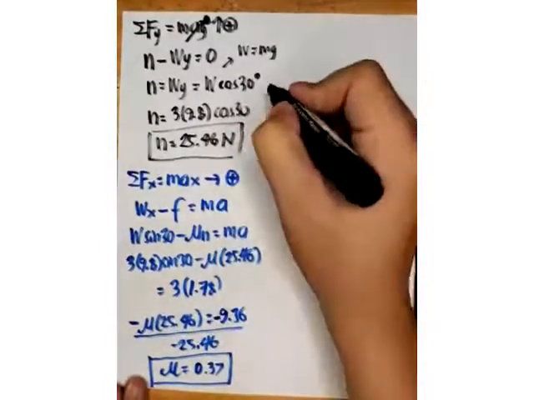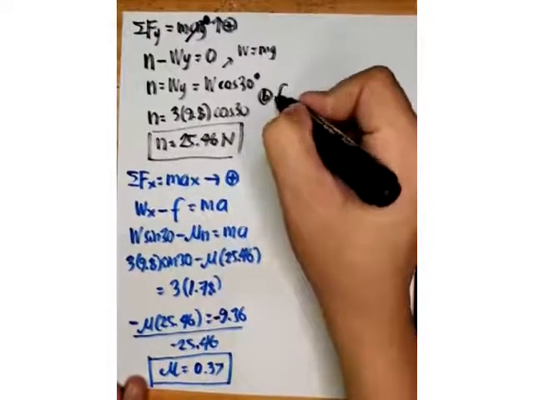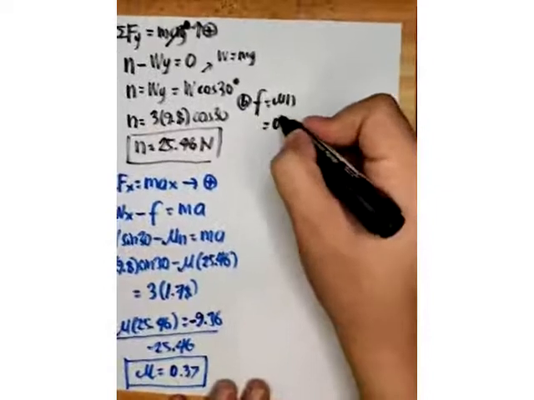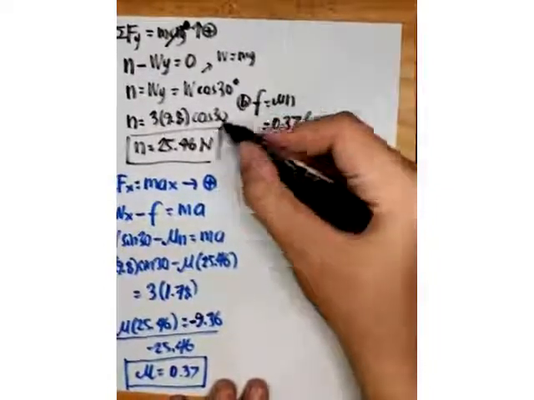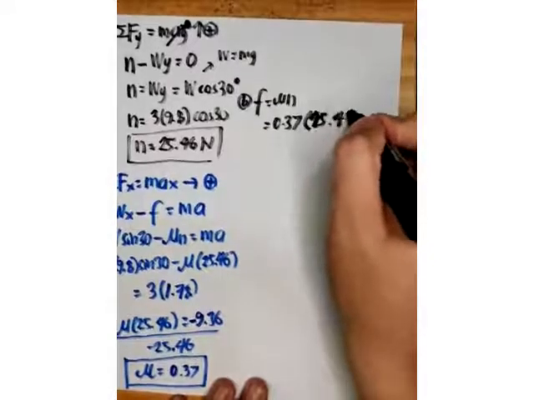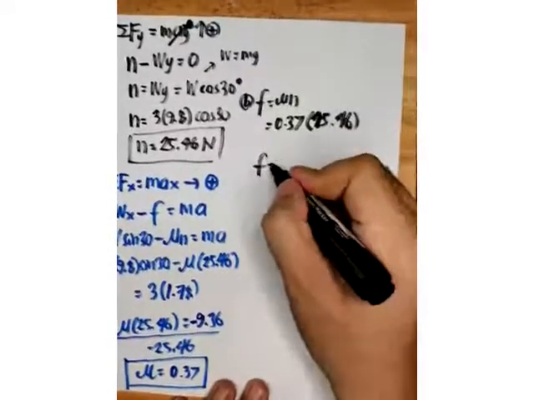Okay, ang letter B natin ay nahanap natin yung frictional force, and that is mu N. So that's equal to 0.37 times yung normal force na 25.46. Okay, so what's our frictional force?